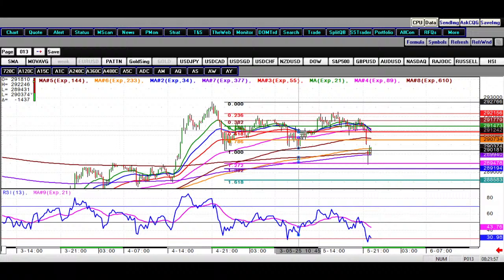We are expecting this market to test the highs, and as long as the price is above 2882, that was your previous day low, and today's low is 2894 half.